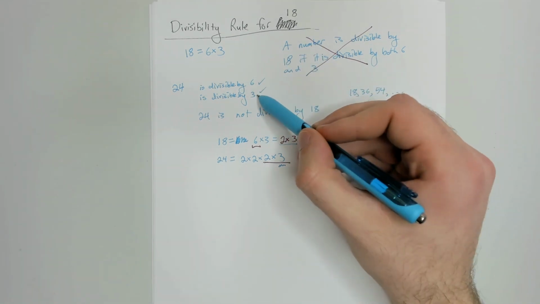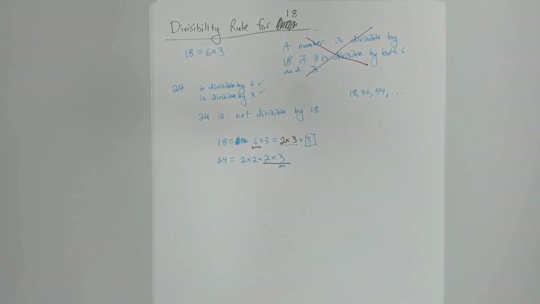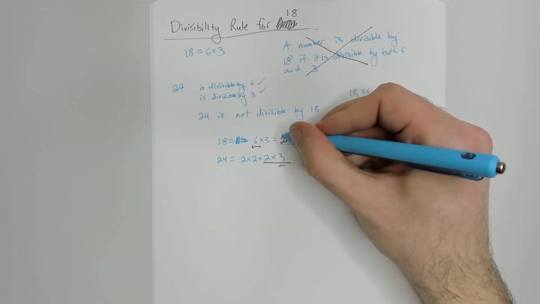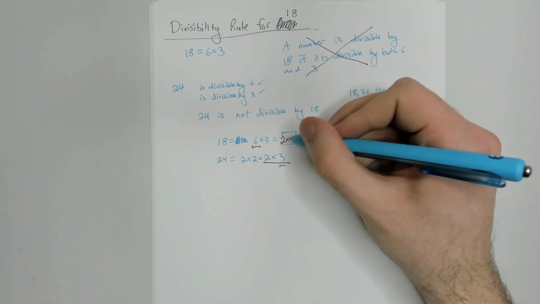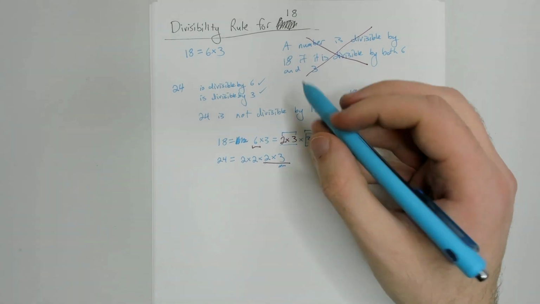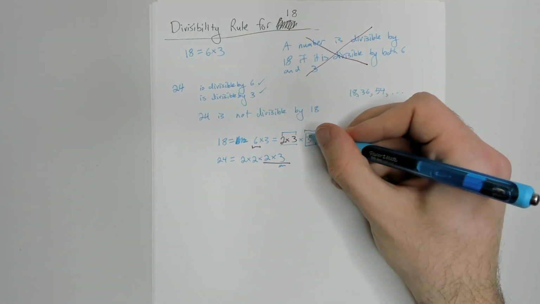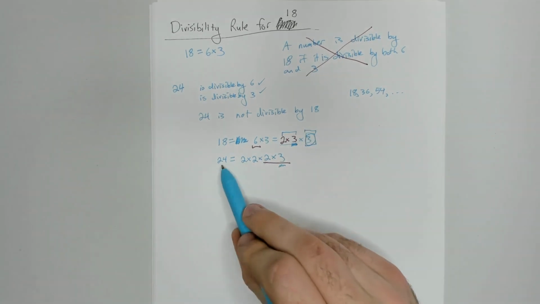However, the divisible by 3 part that we wanted for 18 came from this 3 right here because we thought, well, it should be divisible by this 6 here and divisible by this 3 here, which then would make 18 in total. But the problem is we can't guarantee that if a number is divisible by 3, it's going to be for this 3. It could be very well for this 3, and we see that's the case for 24.